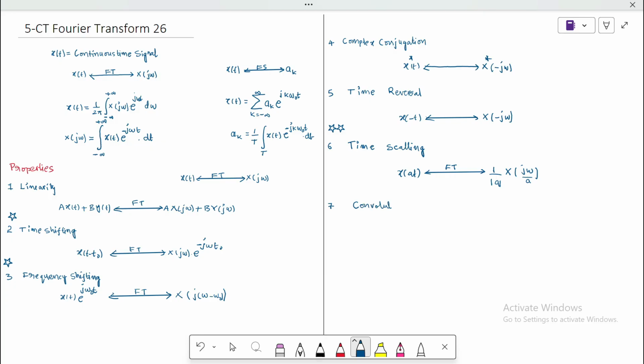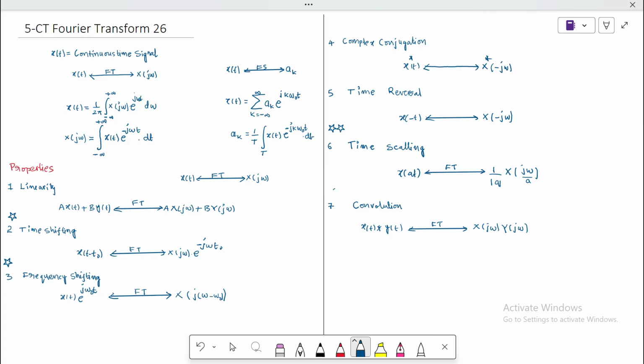Convolution in the time domain corresponds to multiplication in the frequency domain. So just multiply the frequency domains: X of j omega into Y of j omega.